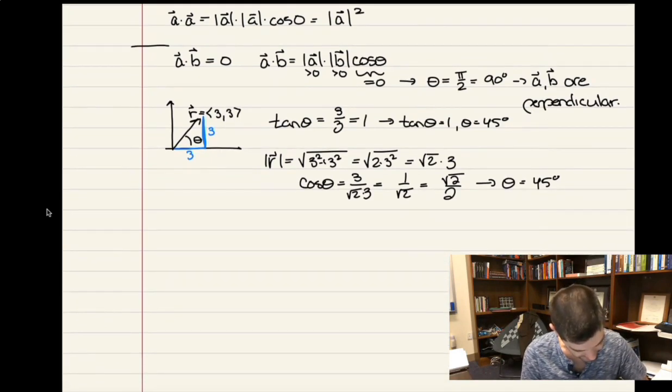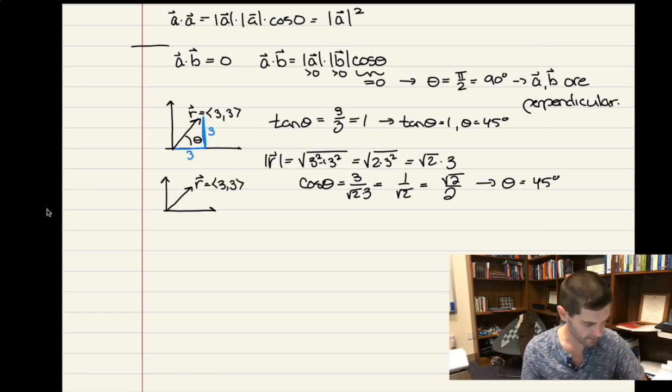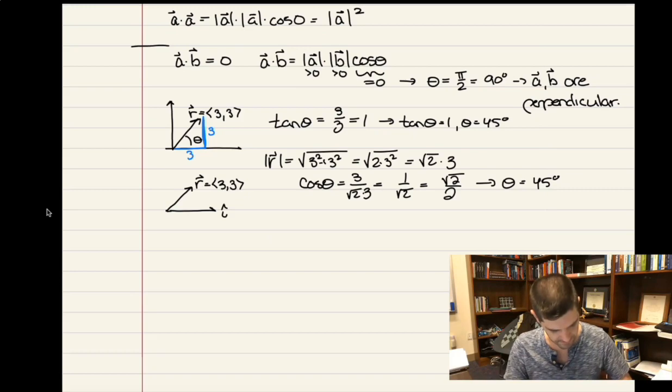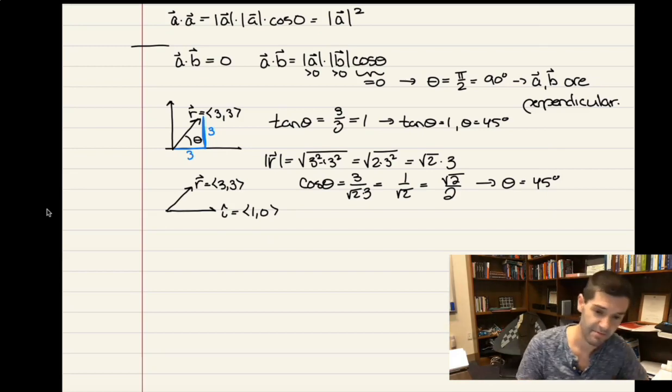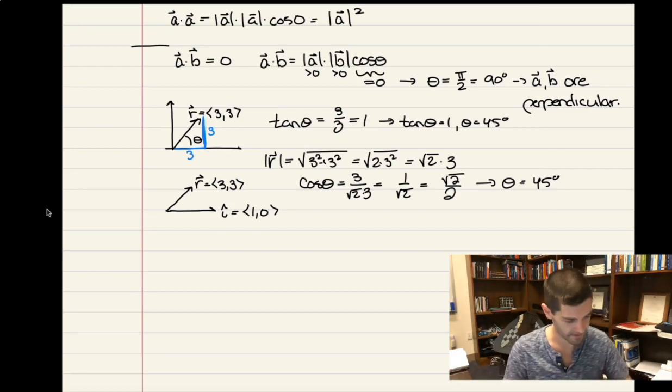So there's r again, 3, 3. But instead of a coordinate system, let me get rid of that. I can also just think of this as a vector i, which is 1, 0. That was just a vector that represented what was going on in the horizontal direction.